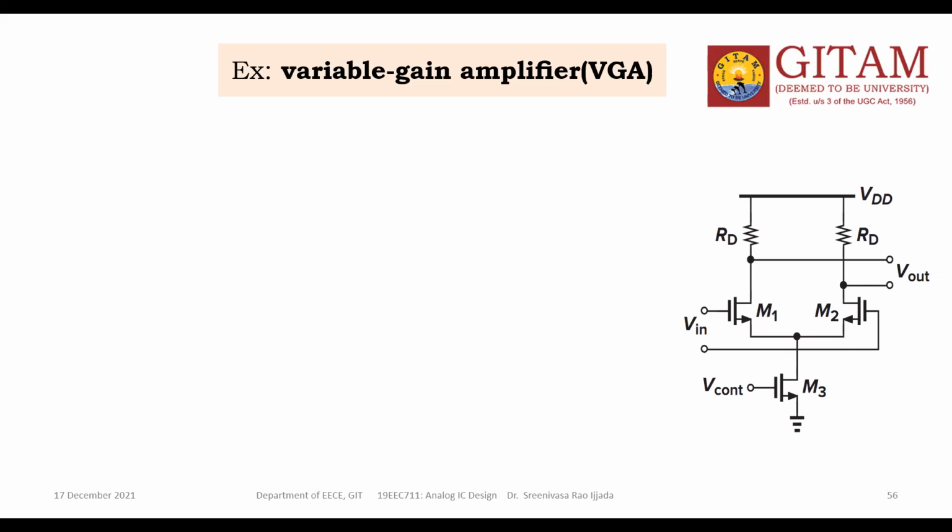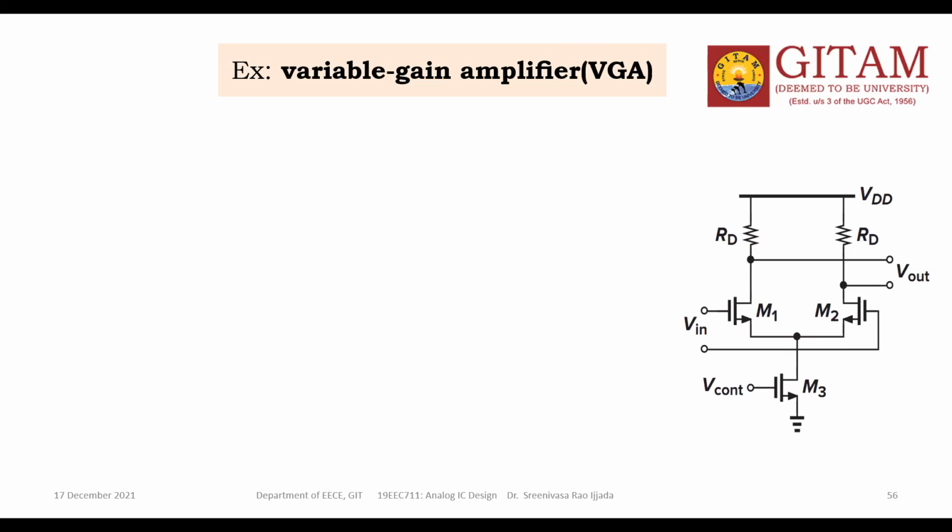Based on the amount of voltage applied at the V control terminal, the transistor operation changes from one point to another. By that, the current produced by M3 also changes, thereby the current flowing in the branches also changes. So based on the changing current, definitely the gain will vary.